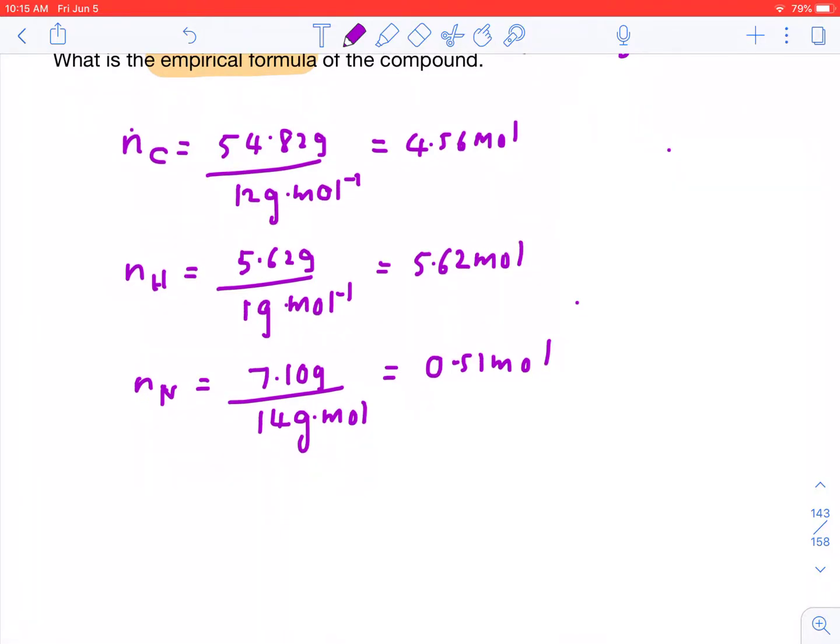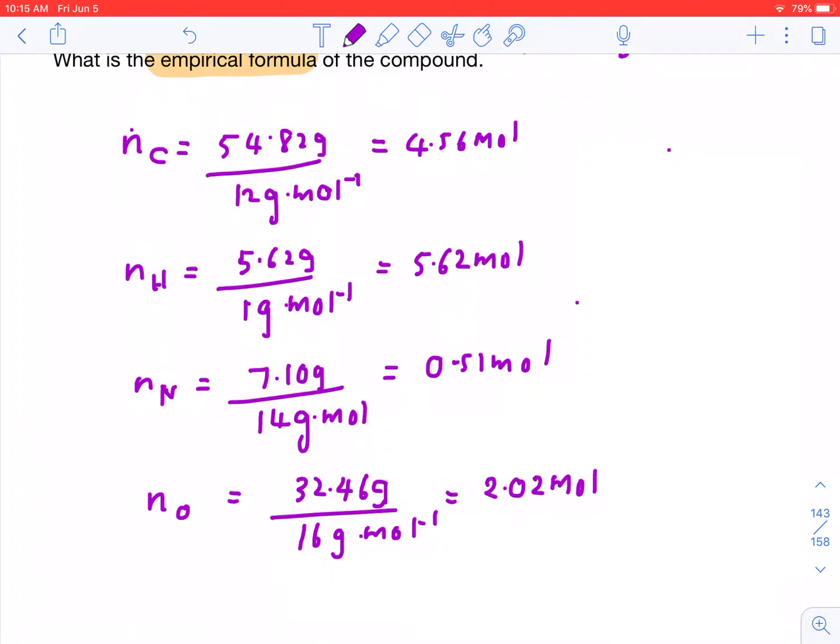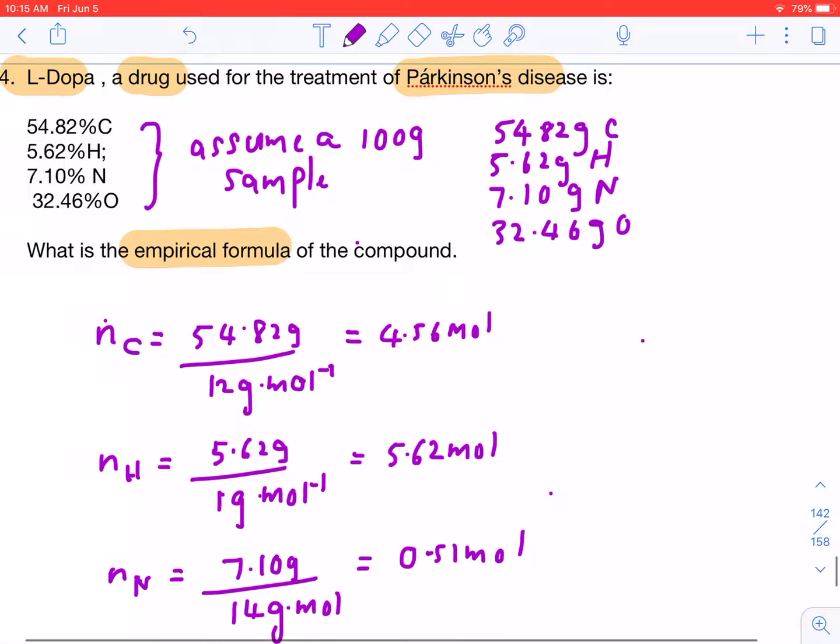And then we have N of oxygen, which is 32.46 grams all upon 16 grams per mole, which then gives us 2.02 moles, right? So what we do here, again the same thing, divide throughout.